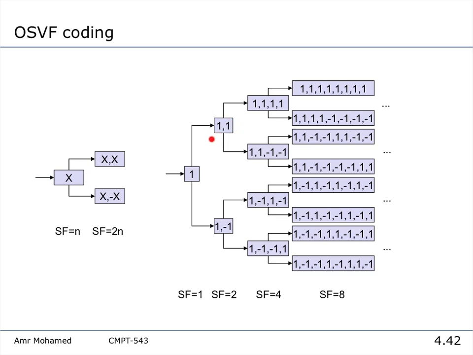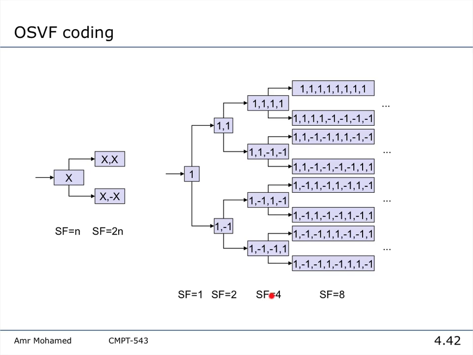If you use this code, then 1 becomes 1, 1, and 0 becomes minus 1, minus 1. As simple as that. Is that clear? And then if you use this one, then 1 becomes 1 and minus 1, and 0 becomes minus 1 and 1. So each bit will be spread into 2.